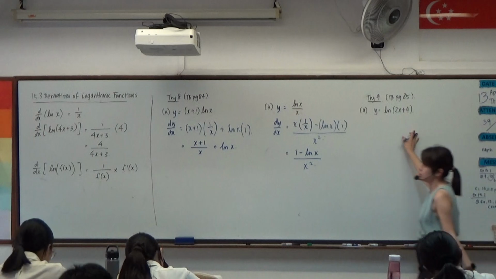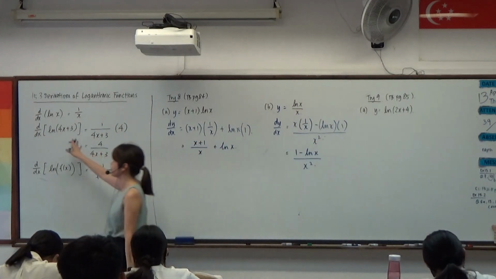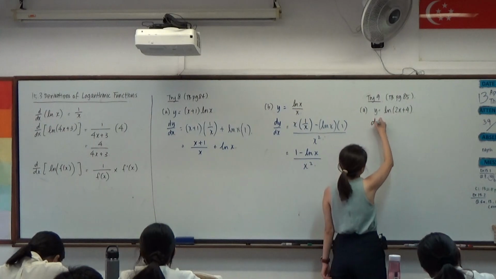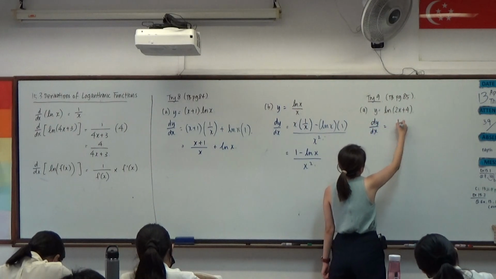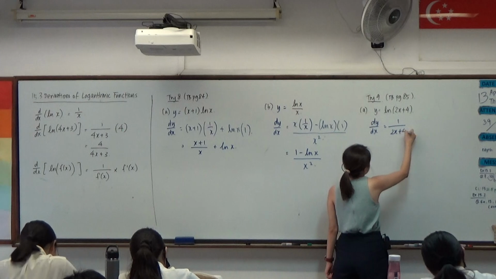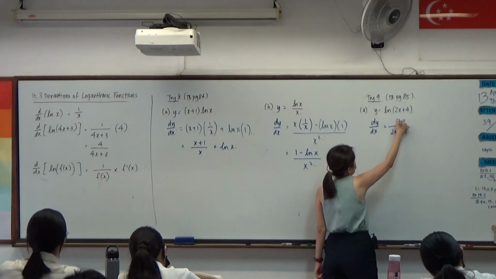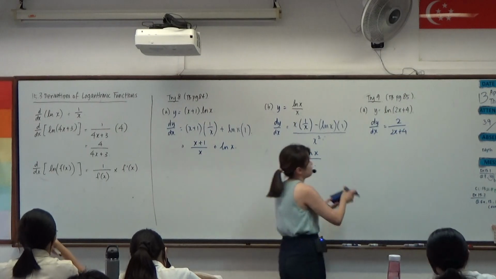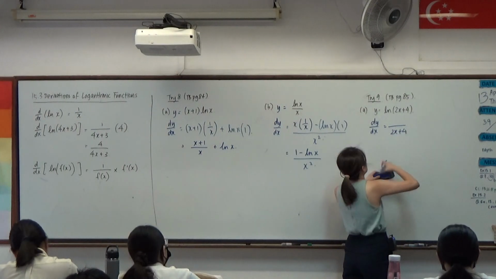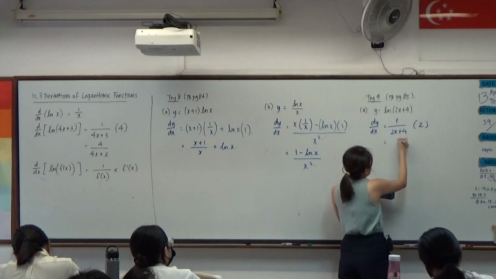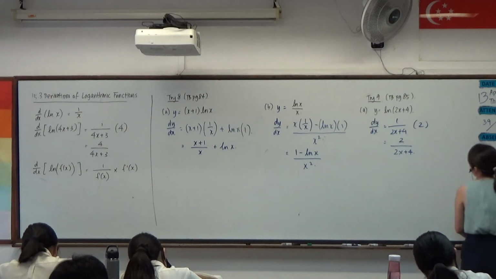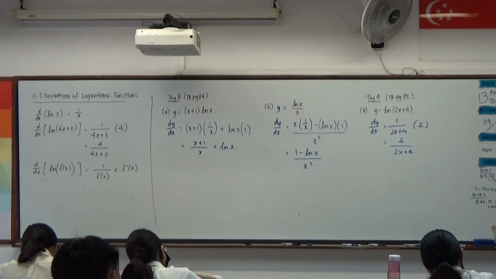This one is something similar that I've already done. Okay, so we know that differentiating the logarithm, I will have 1 over 2x plus 4, and differentiating 2x plus 4, I have 2. Okay, so if you're quick enough, you can form this already. Otherwise, just multiply and simplify. Okay, but then, is this the simplest form?